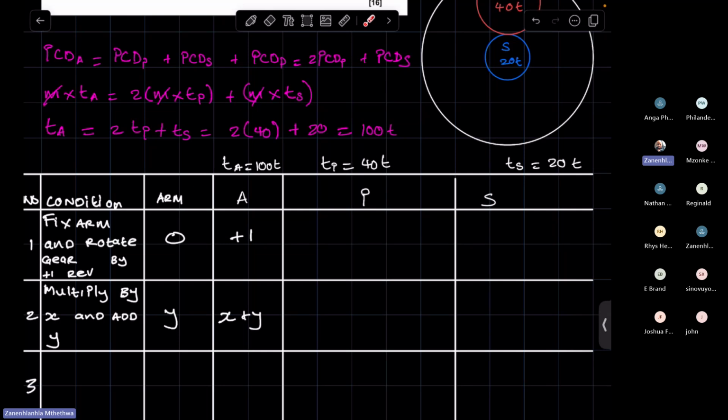That's the first one. Second one is establish direction of rotation. Third one is you solve for what you're looking for. So let us first establish the relationship between the planetary gear and the annulus, which are the two meshing gears.